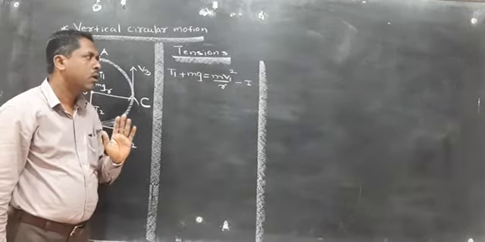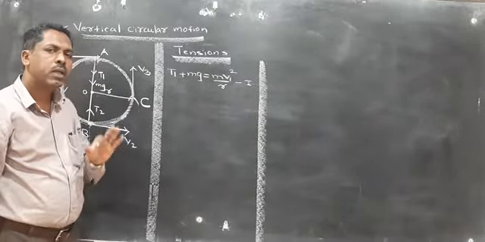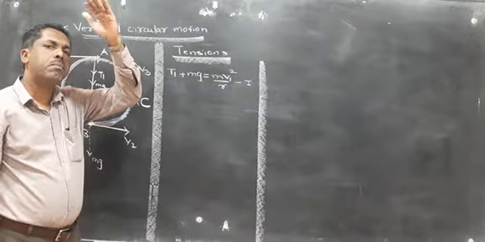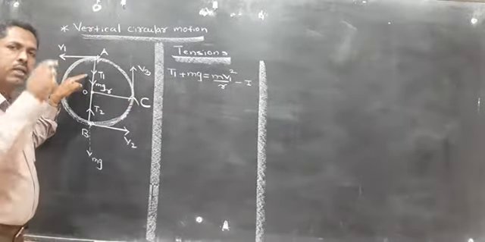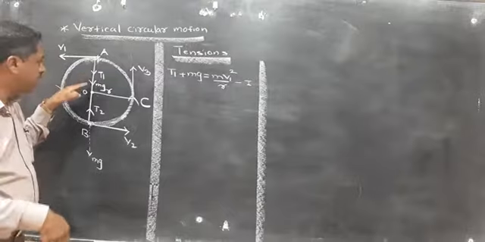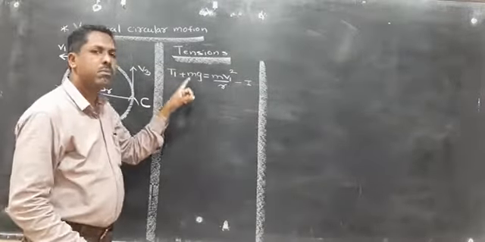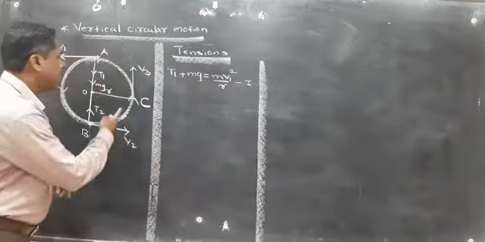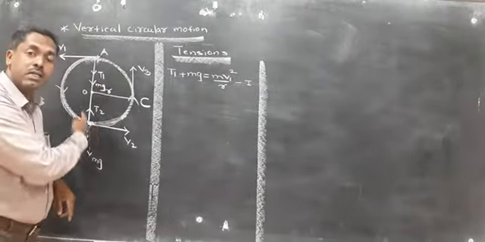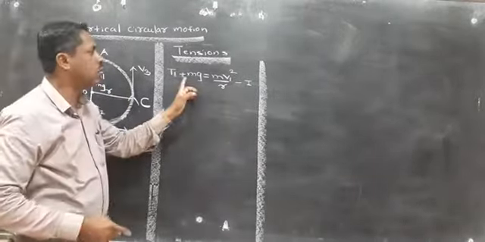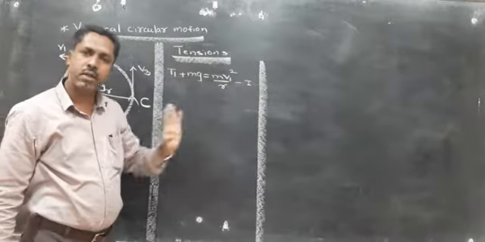How does it come? Whenever the object is at the top, its tension T1 and its weight mg are both acting vertically downward, giving T1 plus mg, and for vertical circular motion, centripetal force is required.